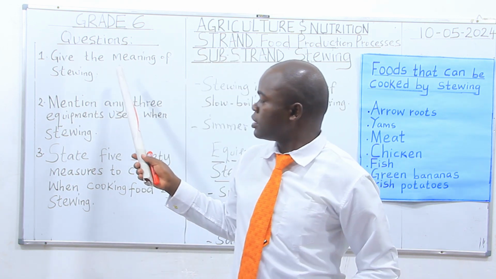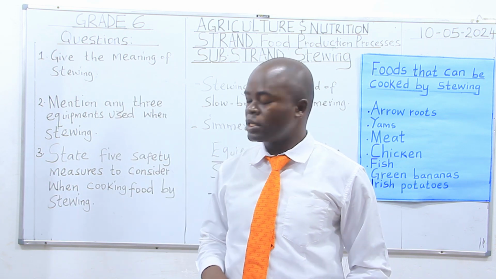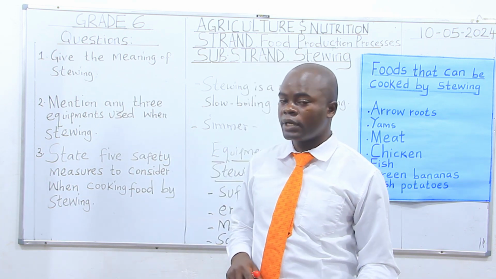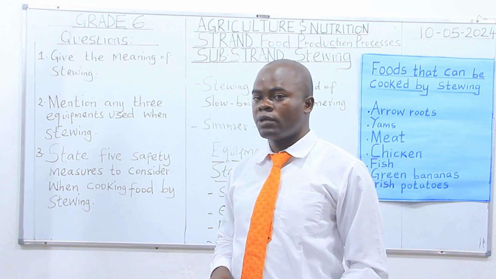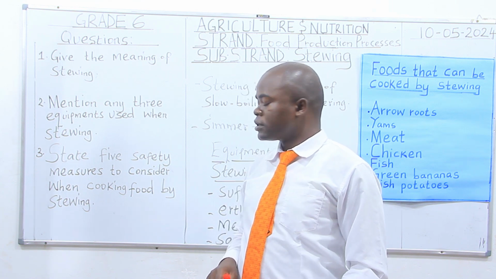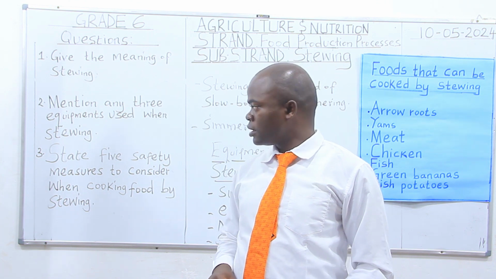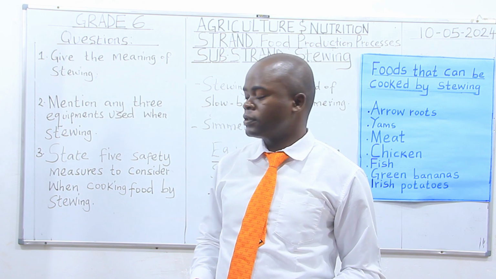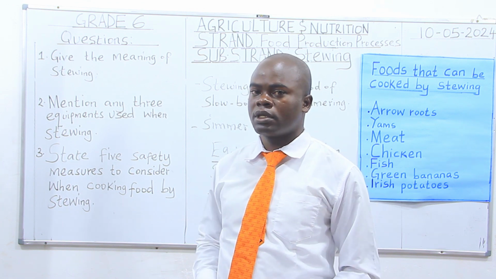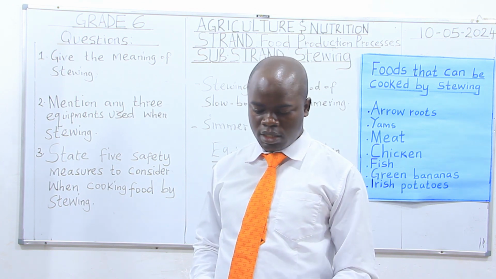Question 1, give the meaning of stewing. Number 2, mention any 3 equipment used when stewing. Then 3, state 5 safety measures to consider when cooking food by stewing.